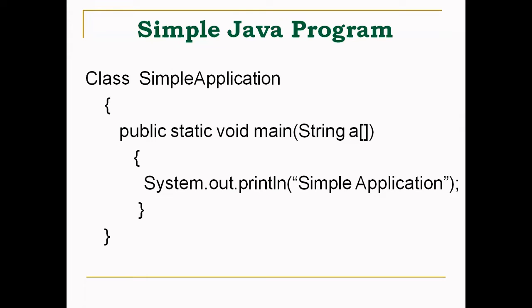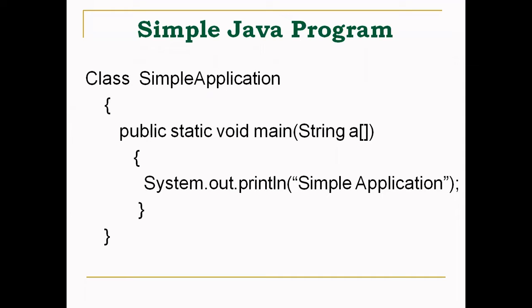Instance methods can be invoked with the help of an object. The syntax for invoking an instance method is object name dot method name. But without creating an object, we can invoke a static method.